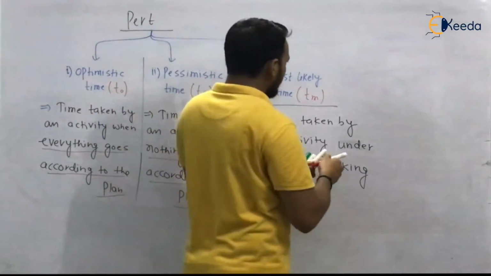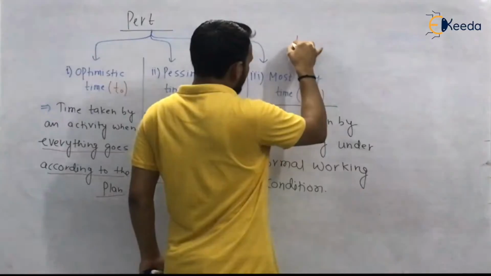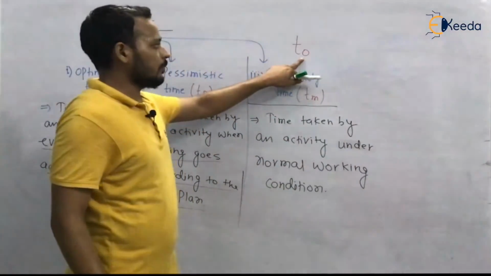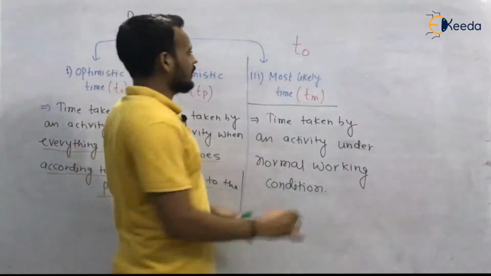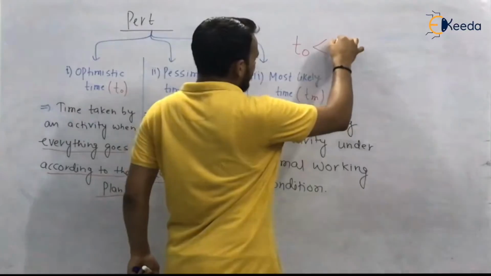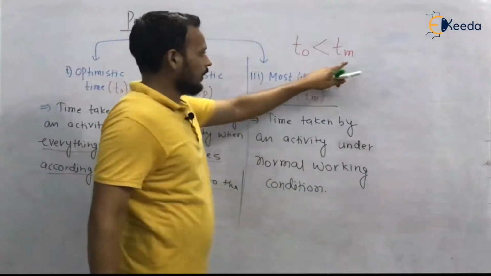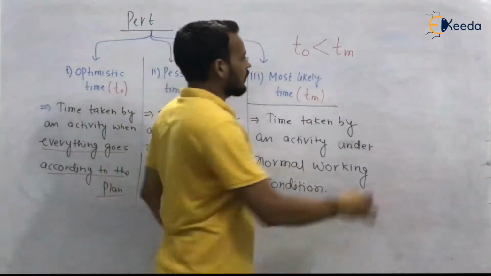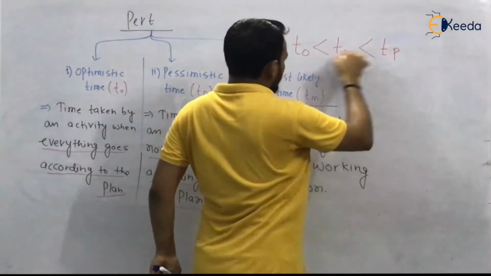So I am writing one relation. It is very important. This is T subscript O, optimistic time. It is the least. Next one is T subscript M, most likely, in between optimistic and pessimistic. And the largest time interval will be pessimistic.